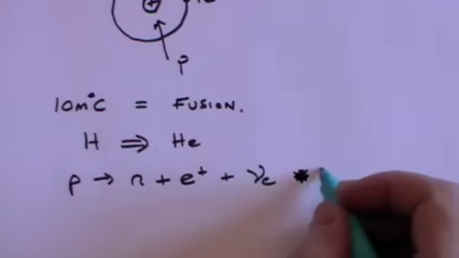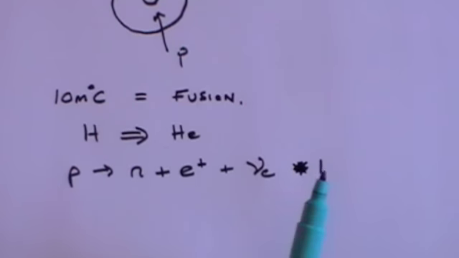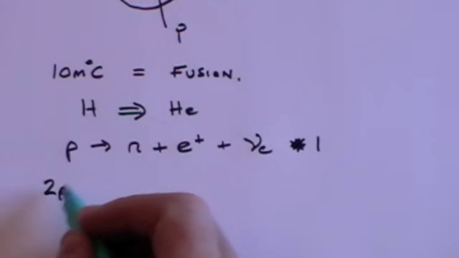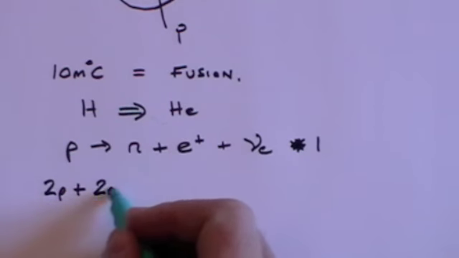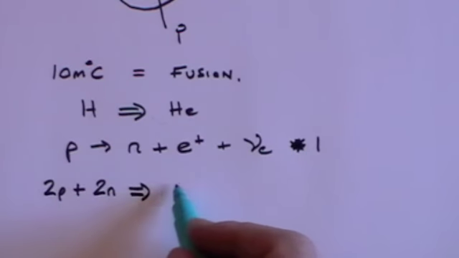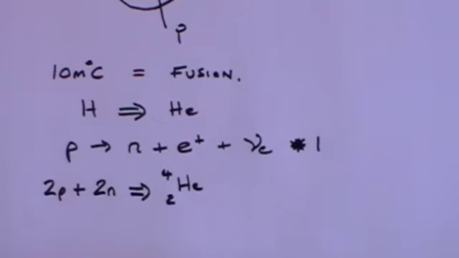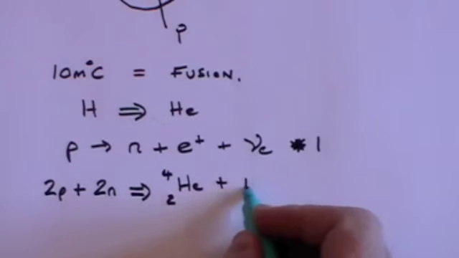And that is stage one of the process. So now you've got protons being converted into neutrons. You can take two of the protons that were there anyway, plus two of the neutrons that you've manufactured. And from those you can form a helium nucleus, which has two protons and two neutrons, plus energy.